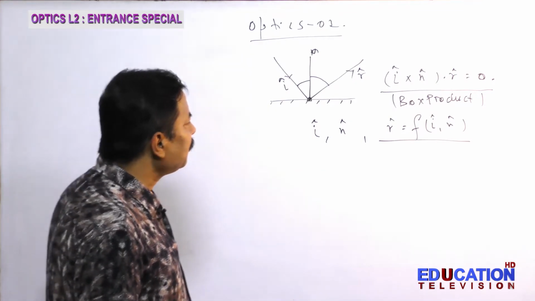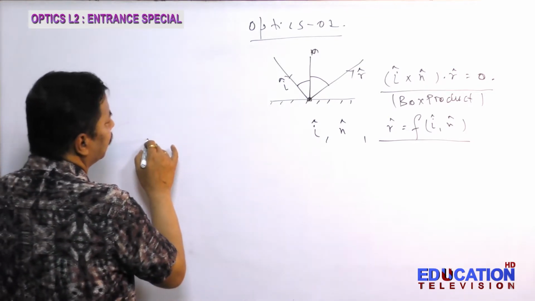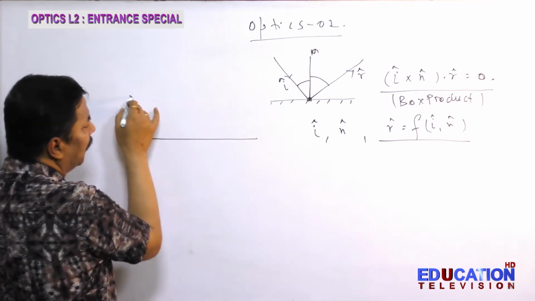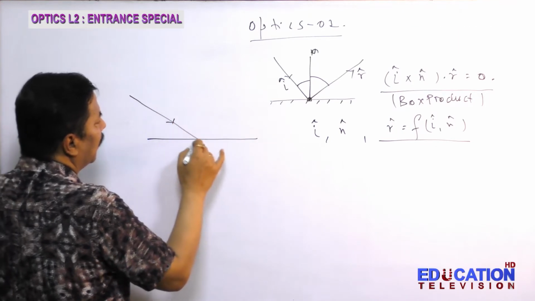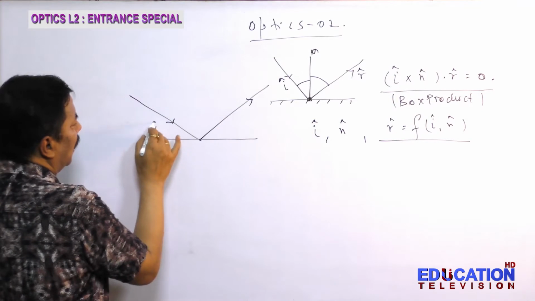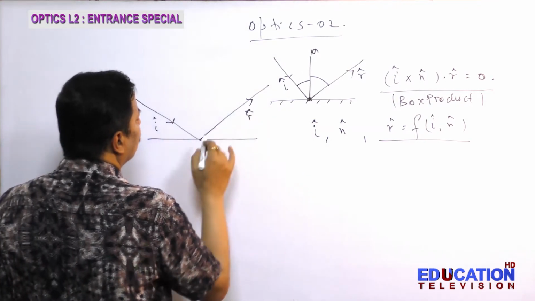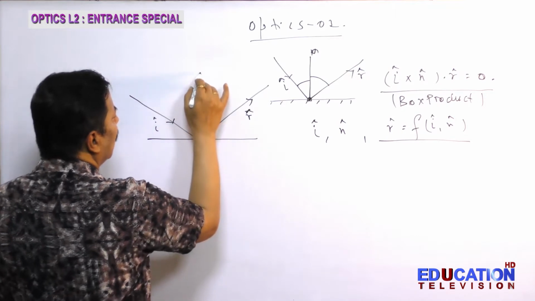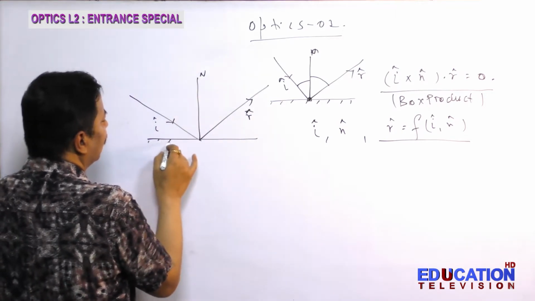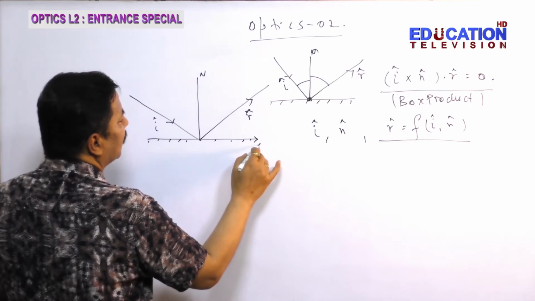See, for this I am taking the incident ray along this vector, the reflected ray along this vector, and the normal along this vector, and this is our reflecting surface. I am taking this vector as the t vector.